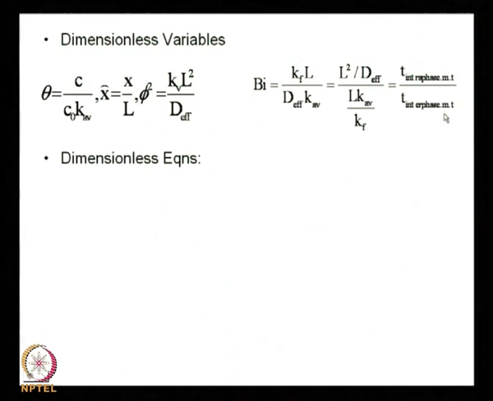This is a new number that we have, and you have studied this number elsewhere, but we just get back to it here. So, phi square is your ratio of diffusion to reaction, and the Biot number is the ratio of internal mass transfer time over external mass transfer time.